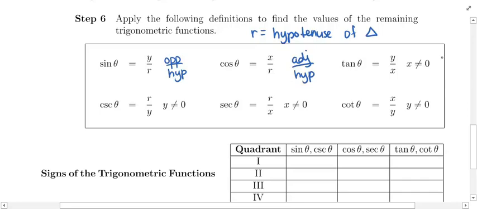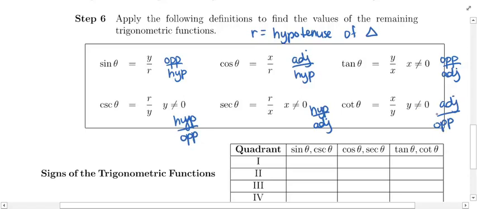Tangent is the opposite over the adjacent. Cosecant, you flip the sine, so it's the hypotenuse over the opposite. Secant, you flip the cosine, so it's the hypotenuse over the adjacent. And cotangent, you flip the tangent, so it's the adjacent over the opposite. That's all this box is saying.